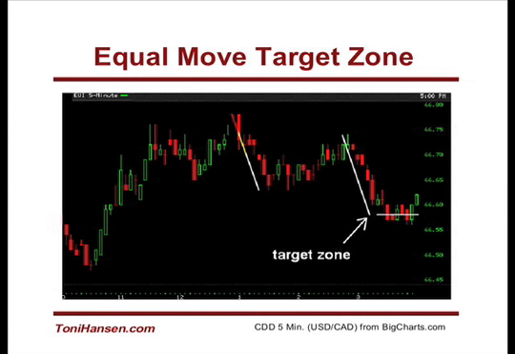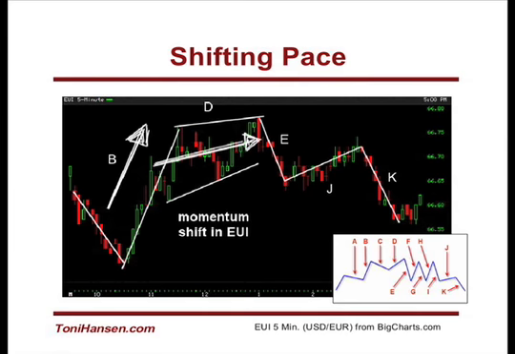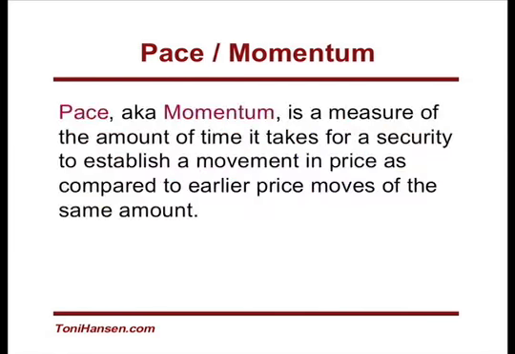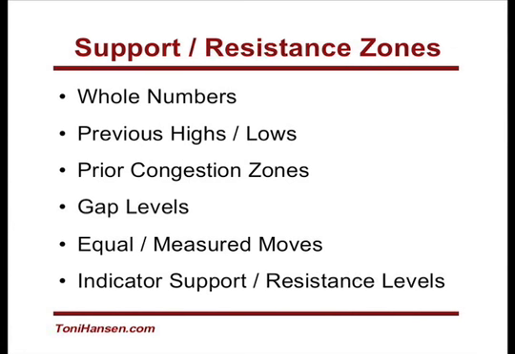Pencil does, though. Okay, so if we look at things like continuation moves, like this here, then what you can see is that as long as the momentum is comparable, you can get an equal move target. Going back to types of support and resistance, I listed here these equal or measured move levels.